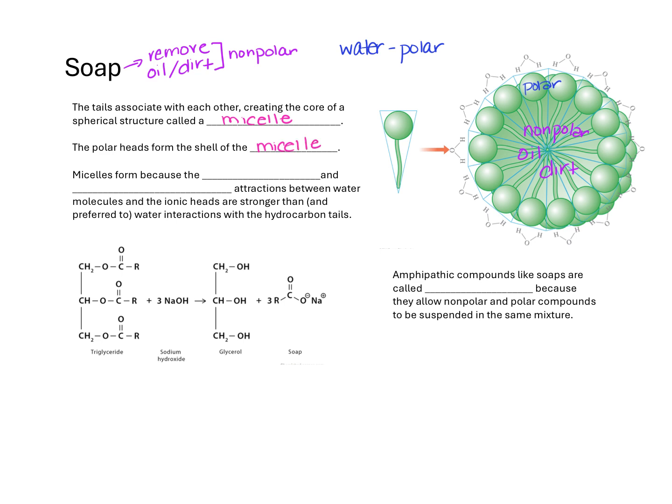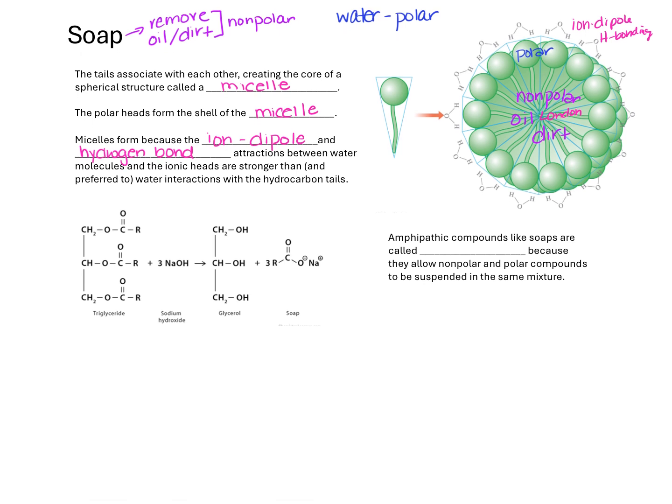And micelles form because the ion dipole and hydrogen bond attractions between water molecules and the ionic heads are stronger than and preferred to the water interactions with the hydrophobic tails. So again, we only have London forces here, but on the outside, we'll have ion dipole interactions and we'll have hydrogen bonding, right? And so those are the intermolecular force interactions that we have there.